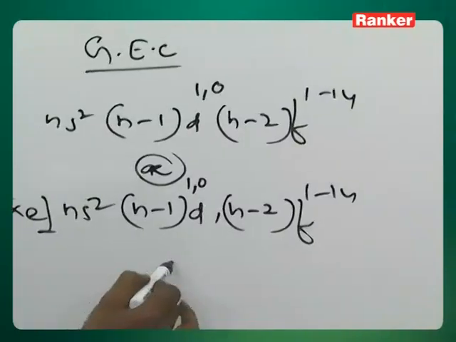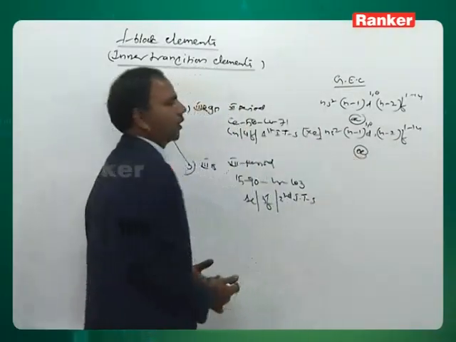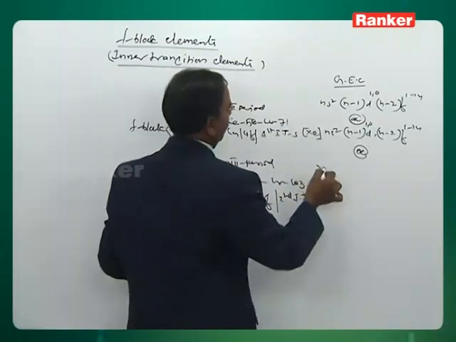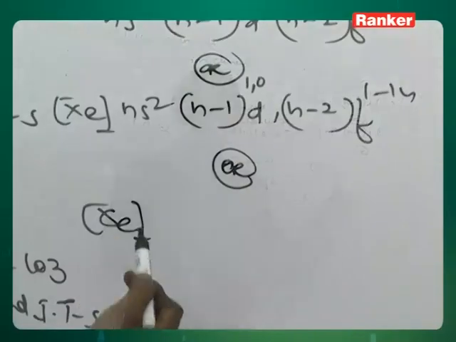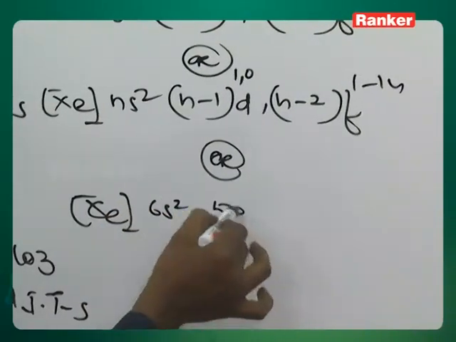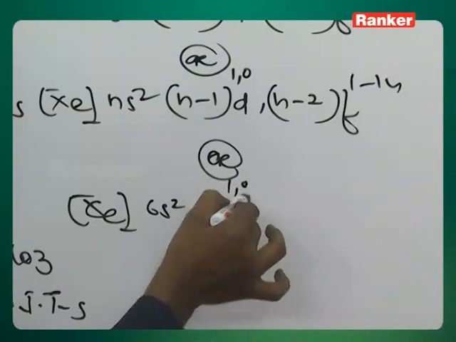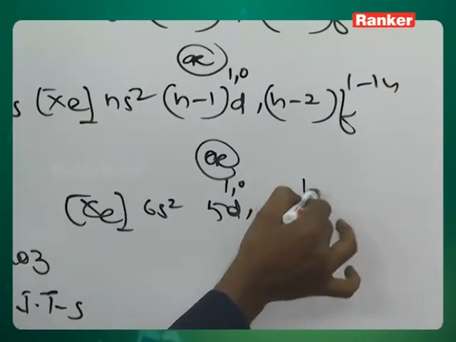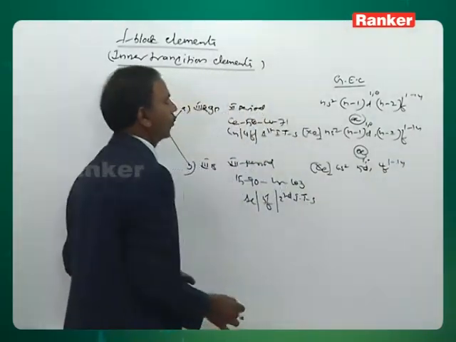The other way of representing this general electronic configuration is by showing the actual orbit numbers: xenon with the subshell numbers, that is 6s2 5d0-1 4f1-14.